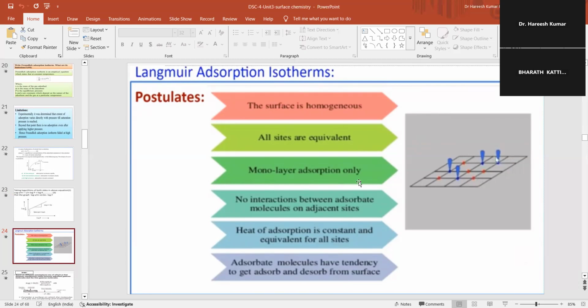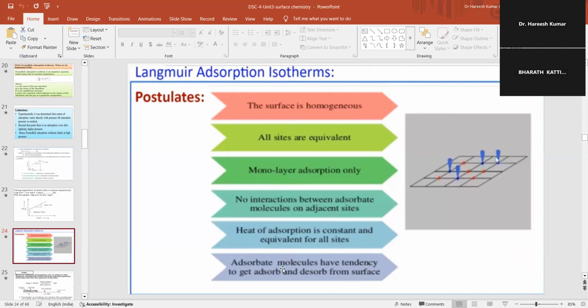Then monolayer adsorption only, one layer only. No interaction between adsorbate and adsorbate, that means whatever the adsorbed molecules, no interaction. Then heat of adsorption is constant and equivalent for all the sites. Correct, these are the assumptions.